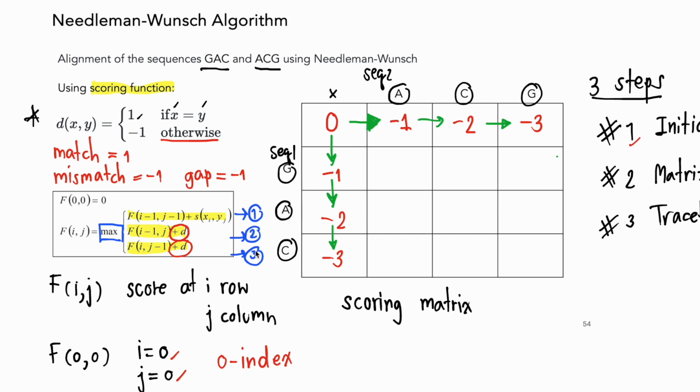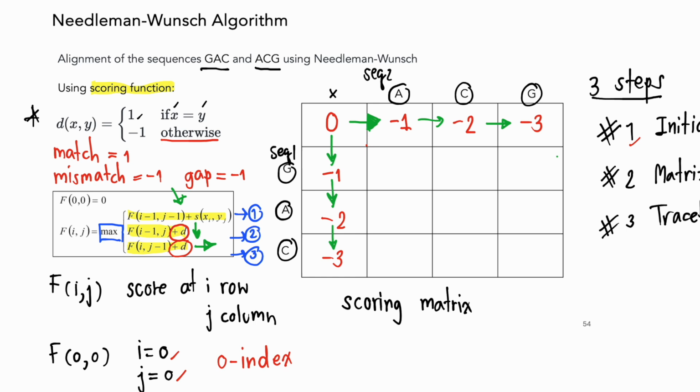The first direction is the diagonal direction, the second one is from the top cell, and the last one is from the left cell. So we have diagonal, top cell, and the left cell.